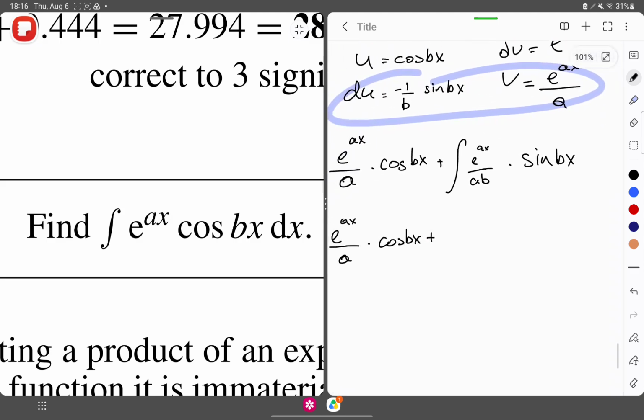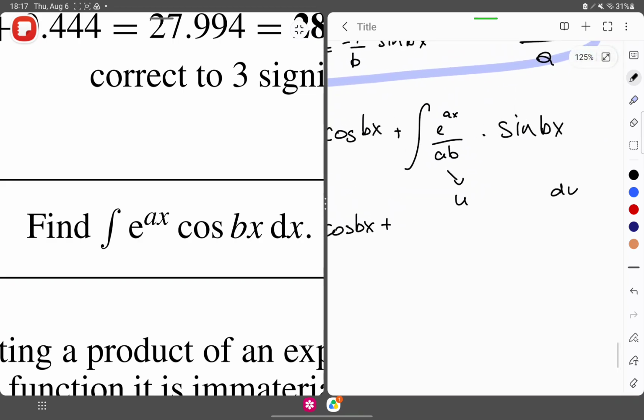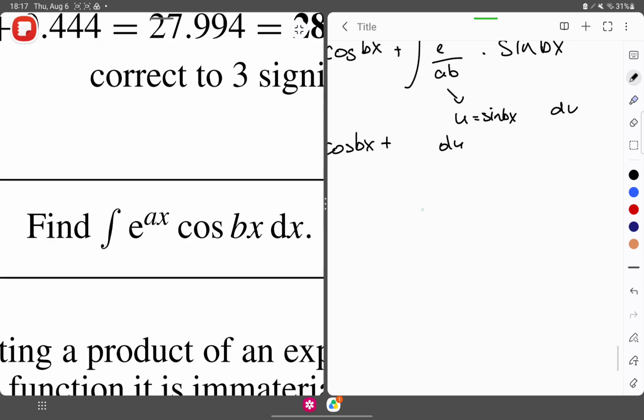plus e to the power of, okay, we need to find the integral of this one as well, but I need to again write that u dv for this one. Okay, our u will be what? I think u is sine bx. du will be what? U is sine bx.